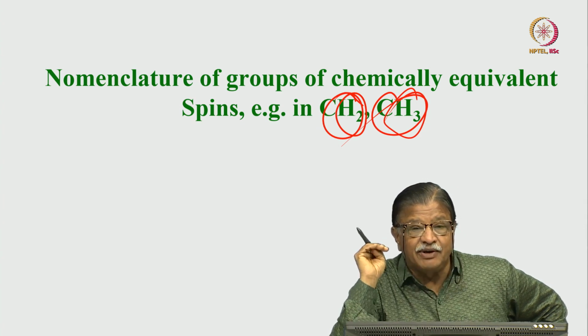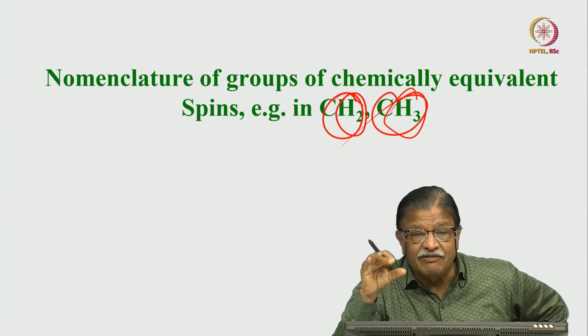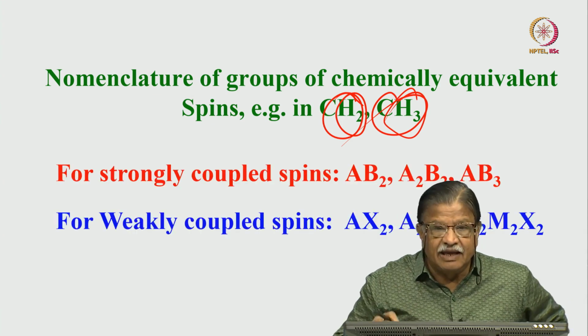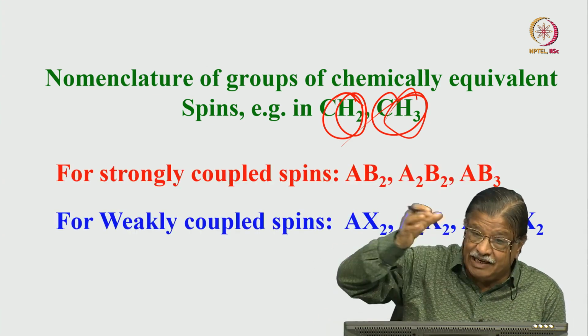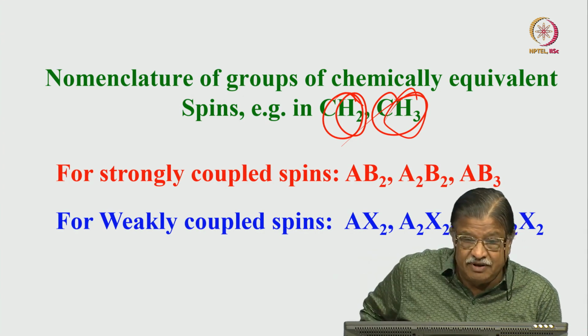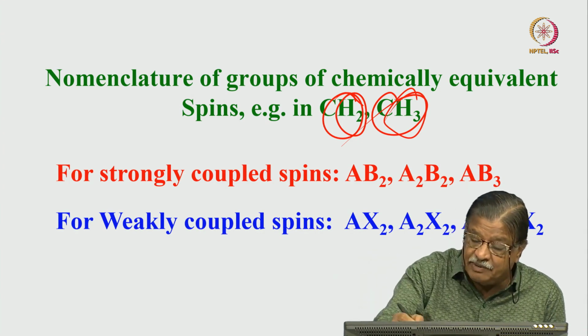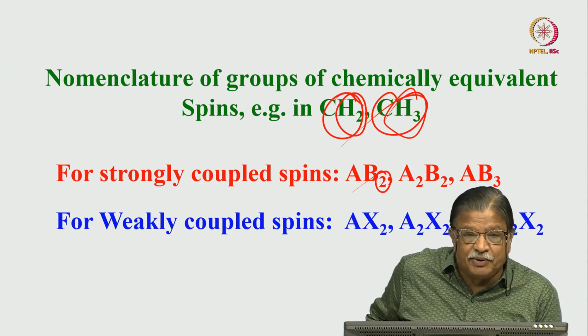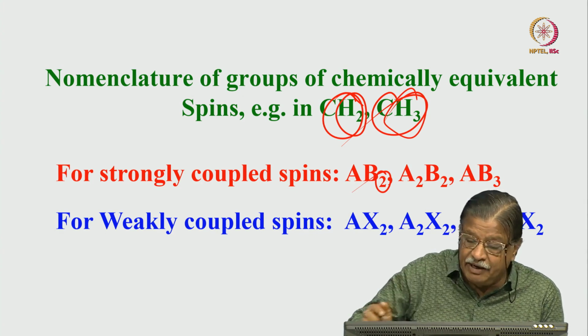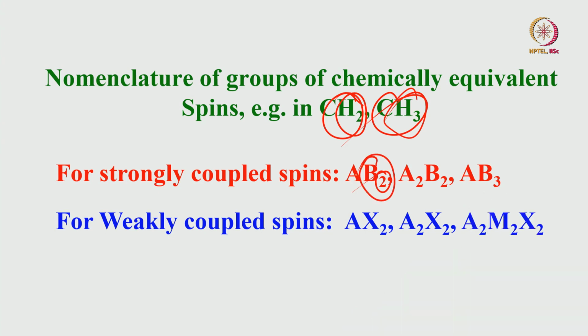Remember, when they are chemically equivalent, we give the prime notation. When they are equivalent groups, we use a subscript like this. That means if I say AB2, there are two protons which are chemically equivalent.